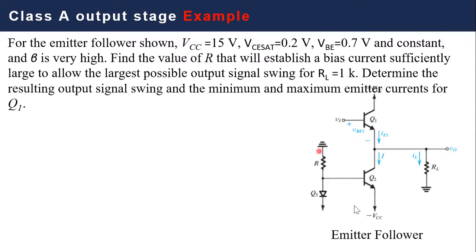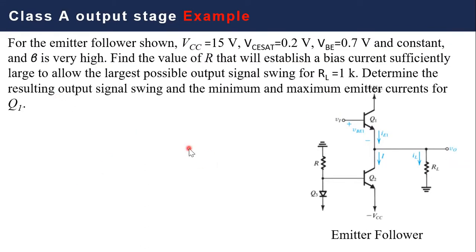Find the value for R that will establish a biasing current sufficiently large to allow the largest output swing for an RL, or load resistance, of 1 kilo. Then determine the resulting output signal swing and the minimum and maximum emitter current for Q1.